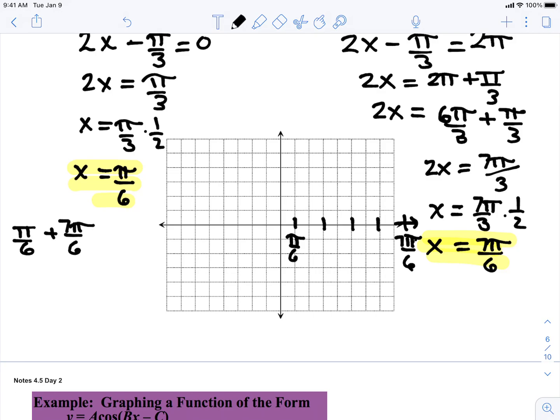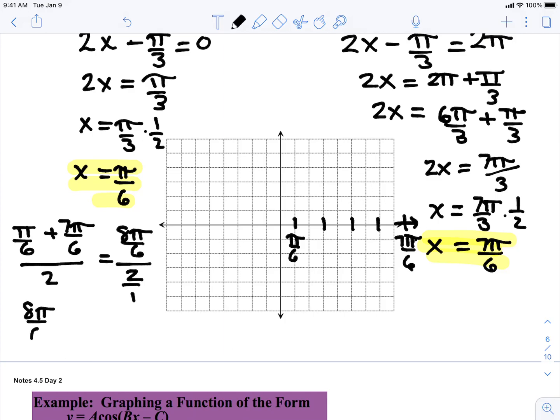So I'm going to use my midpoint formula. I'm going to add the two endpoints, and then divide by 2. So pi over 6 plus 7 pi over 6 is 8 pi over 6. And then when I divide that by 2, that's the same thing as 2 over 1. So we have to keep, change, flip.